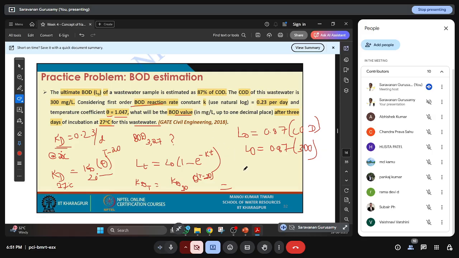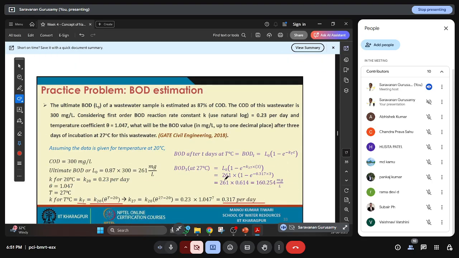So how to find the BOD? The BOD exerted formula is L naught into 1 minus e power minus KT. What is L naught? L naught is 0.87 into 300, which is 261. Then 1 minus e power minus K, the new K of 0.317 at 27 degrees Celsius, into T of 3 days, will give 160 milligram per liter as my BOD.